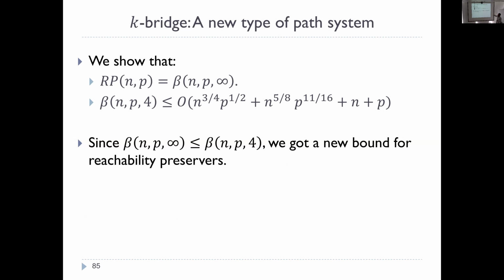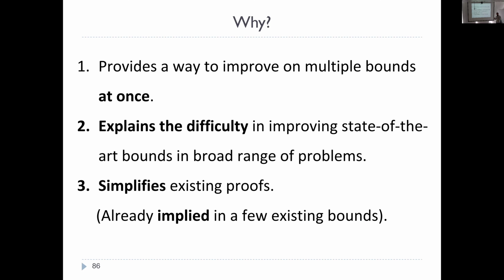With our new concept, we're able to improve on the upper bound for reachability preservers with those parameters because it is connected to the size of beta_{n,p}(infinity), which is bounded by beta_{n,p}(4), and then we have this bound on beta_{n,p}(4). So this is an example of how it works. Why it is good is because if you improve the bounds on what we define as beta, you get several improvements at once. It also simplifies the map, similar to fine-grained complexity maybe, and also maybe simplifies existing proofs.